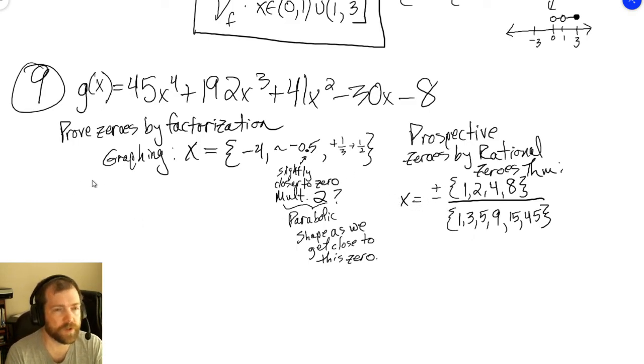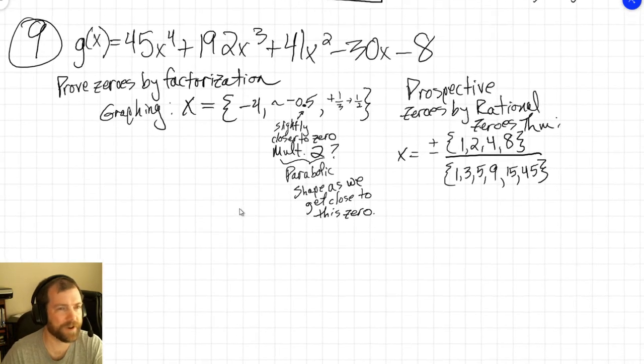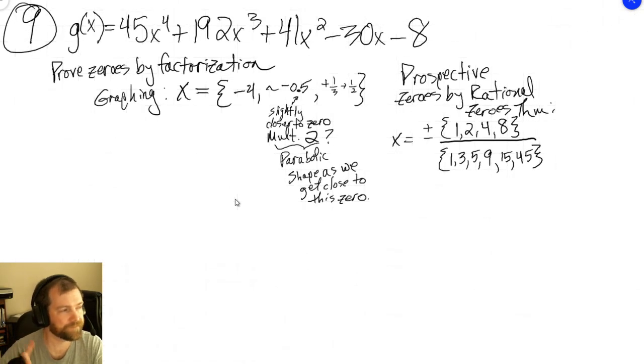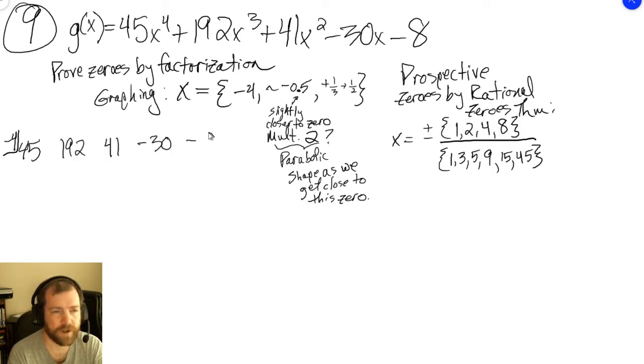So, in order to do this by proving zeros by factorization, you are supposed to do some sort of division. So it's up to you. Do you want to do synthetic? Do you want to do long division? I do synthetic. It's faster. It's easier. All right, so we're going to divide negative 4 into 45, 192, 41, negative 30, negative 8.